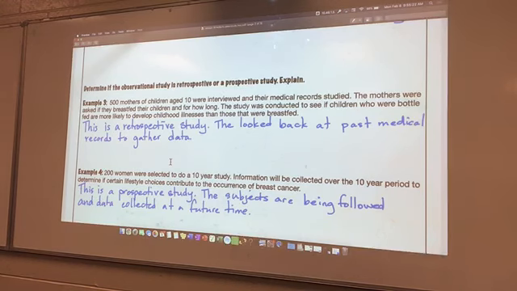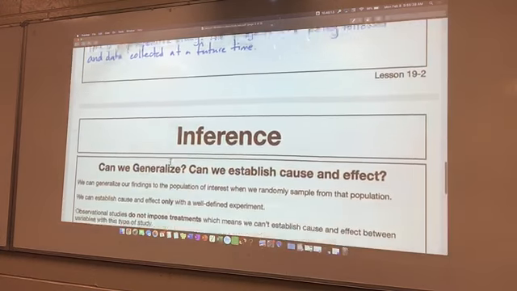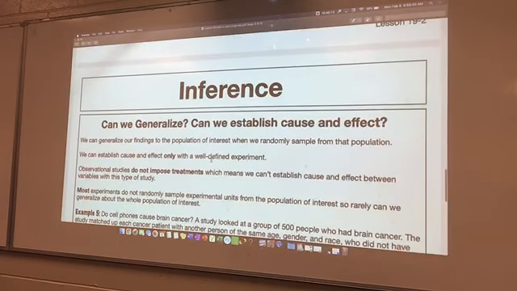It should be well-designed experiment. I can't scooch it up because I still have people writing. All right, here we go. So yeah, well-designed.